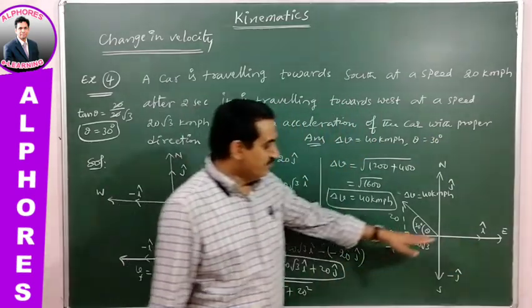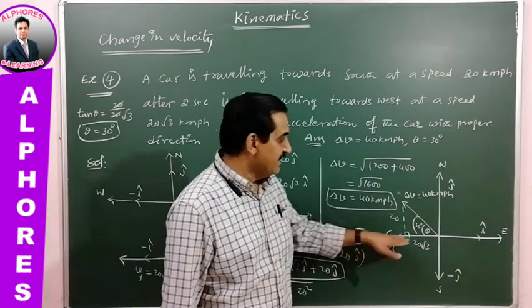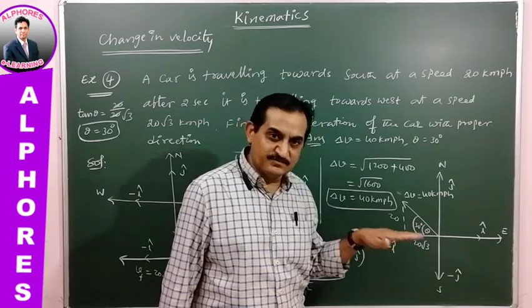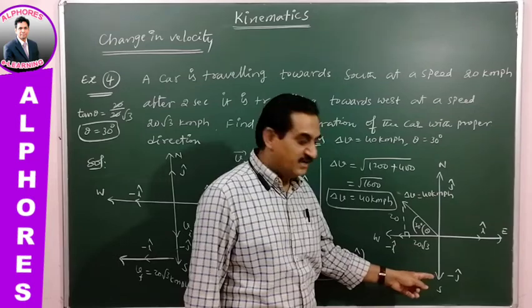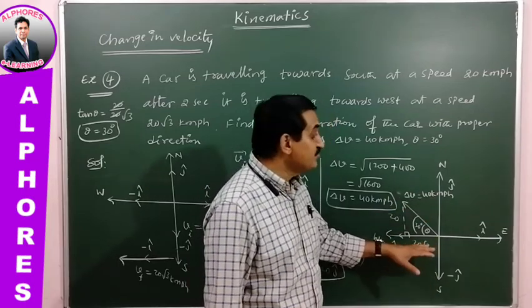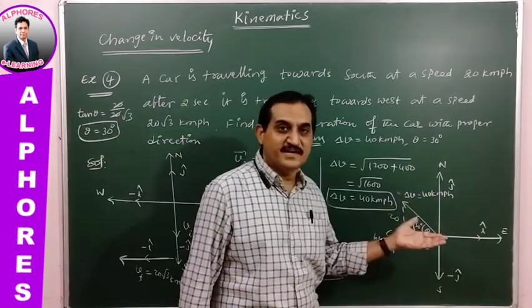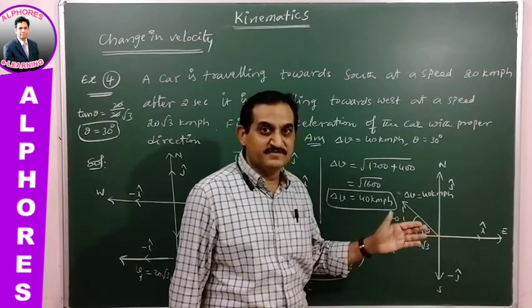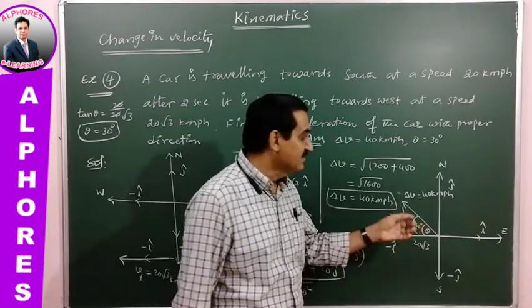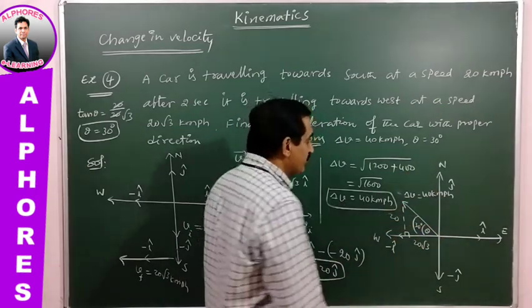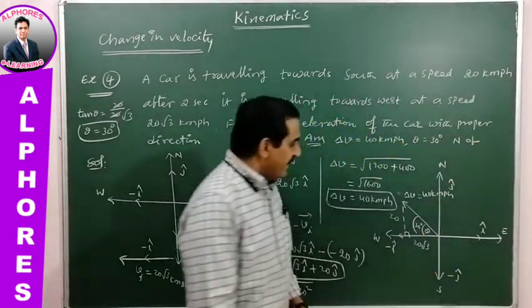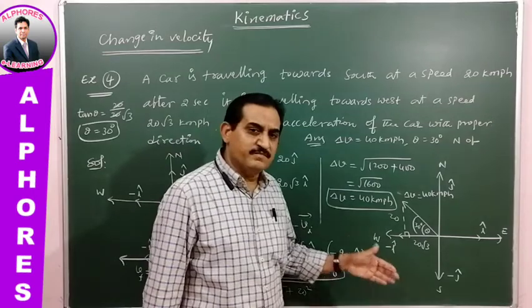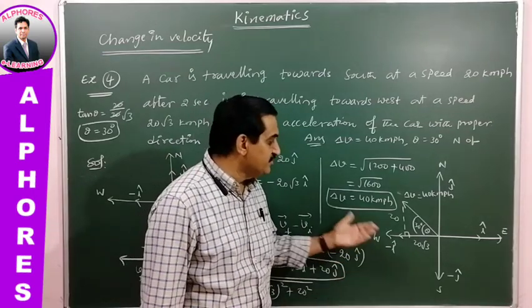So whenever we take the east-west line as the reference line which differentiates north and south, we ask towards which side the change in velocity is located. That is towards north. And it is making an angle with which direction?